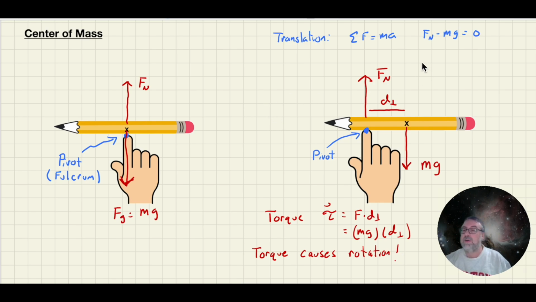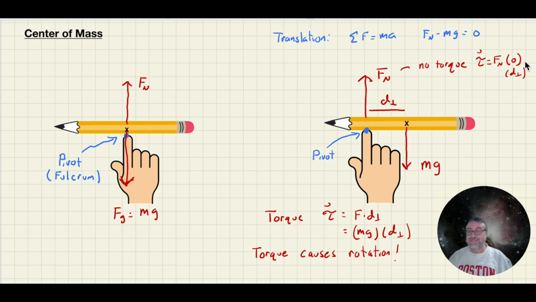Now, the normal force is producing no torque because the perpendicular distance for the normal force from the pivot point is 0. And so there's no torque due to the normal force, but the weight produces a torque.